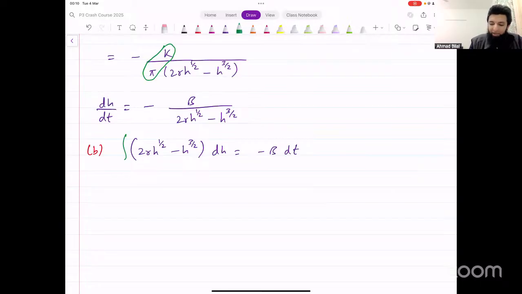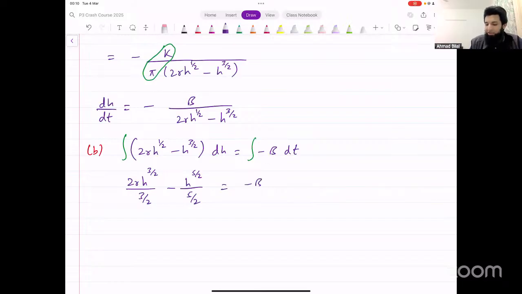Let's integrate both sides. Variables are separated now. What's the integration of this? 2r remains as it is. You add 1 to the power. 1 over 2 plus 1, that's 3 over 2, divided by 3 over 2. Minus h power 3 over 2, add 1 to the power, it becomes 5 over 2 divided by 5 over 2. On the right side, minus b is just a constant.